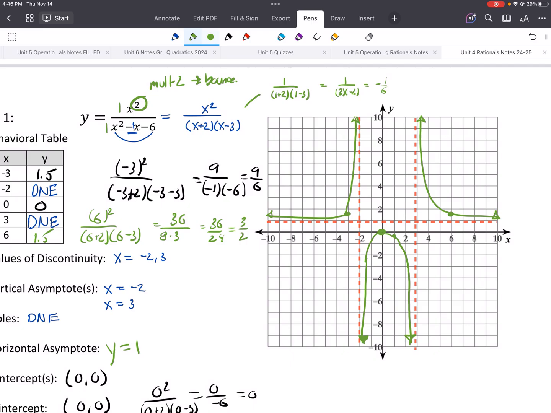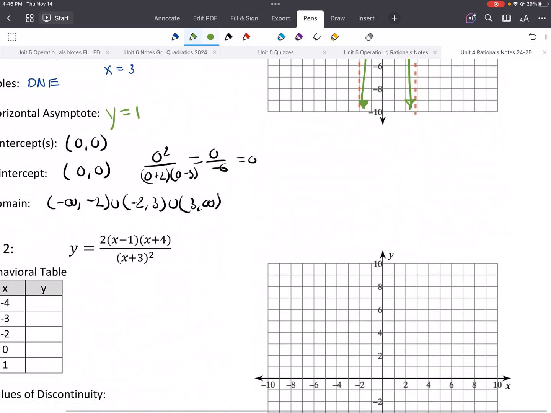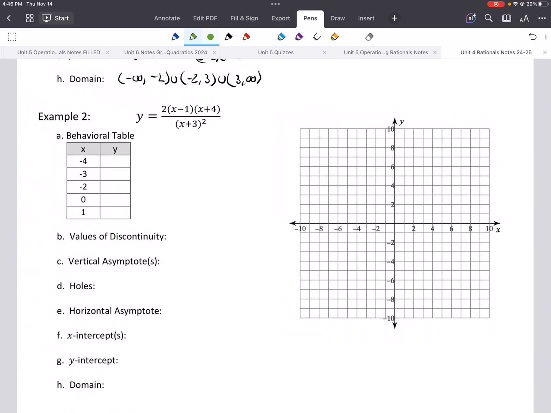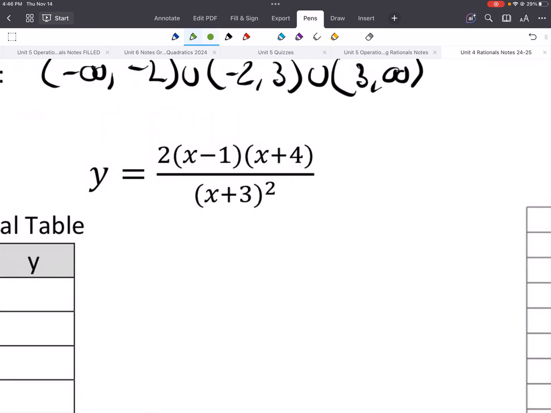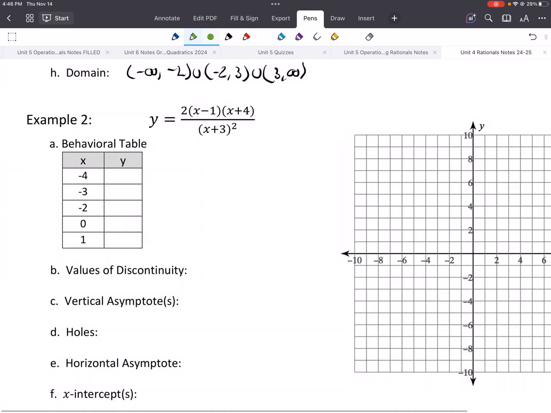All right. Okay, so let's try just a couple more. I think we'll do 2 and then 1 on the next page. So here this is already factored. So what would be our values of discontinuity? Well, our values of discontinuity would be -3. We cannot use -3.